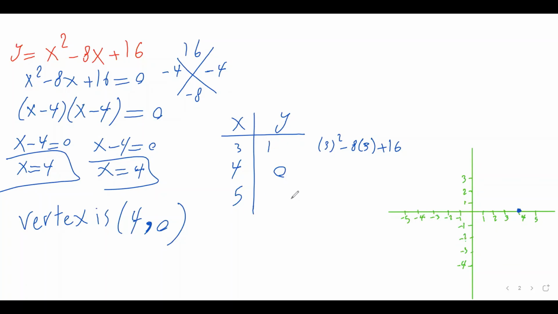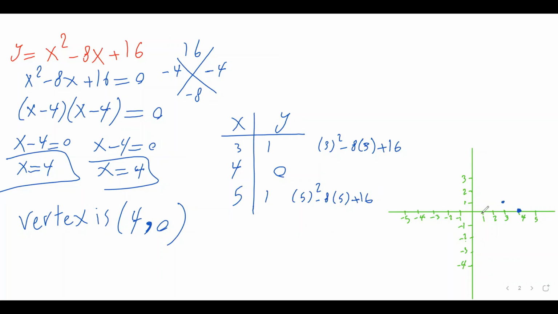If I plug in 5: 5 squared minus 8 times 5 plus 16. 5 squared is 25 plus 16, that's 41, minus 8 times 5, which is 40. That gives me 1 as well. So let's plot these points. That's my vertex. This point is 3 and 1, so 3 is here and 1 is here.